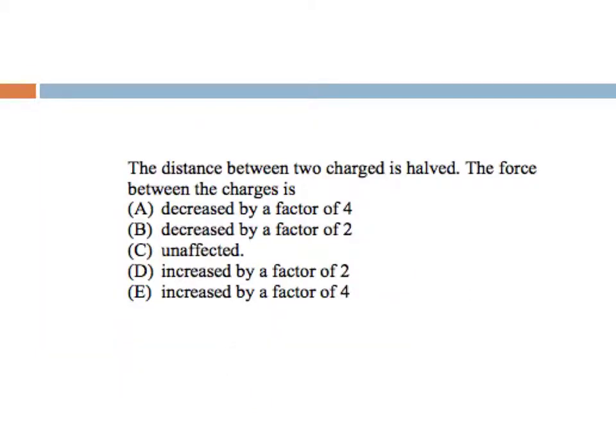In the second example, we have the distance between two charges is halved. The force between the charges is, so again, we want to start with our base equation, which is K Q1 Q2 over R squared. And now what's changing is our distance is being halved.